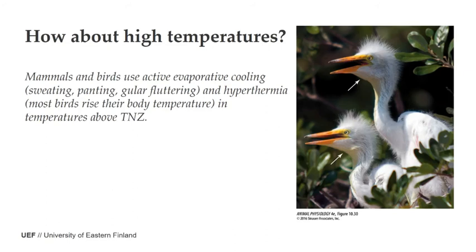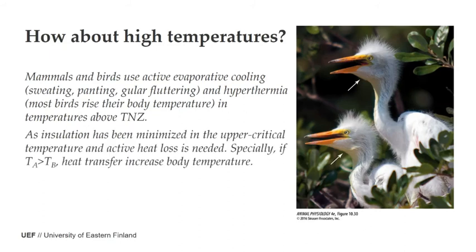So most birds are raising their body temperature in a hot environment. And the problem here is that the insulation is minimal. It's minimized at the upper critical temperature, and there's a need for active heat loss, especially when the ambient temperature is above the body temperature.